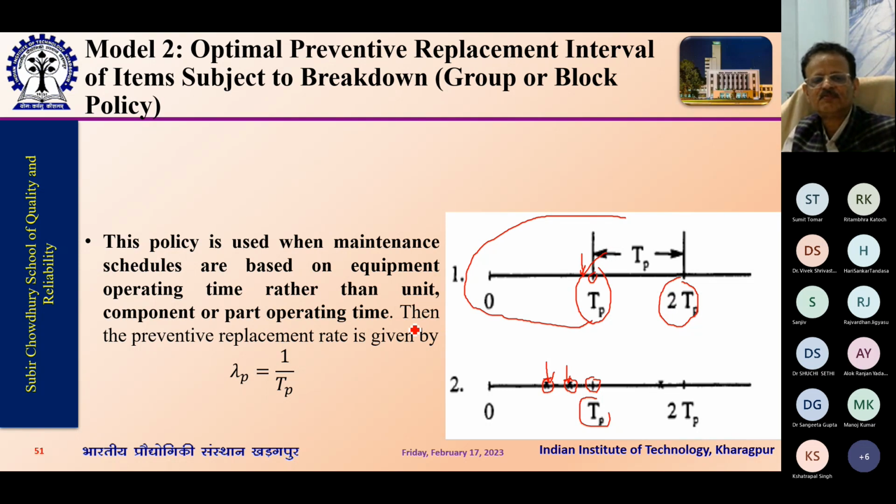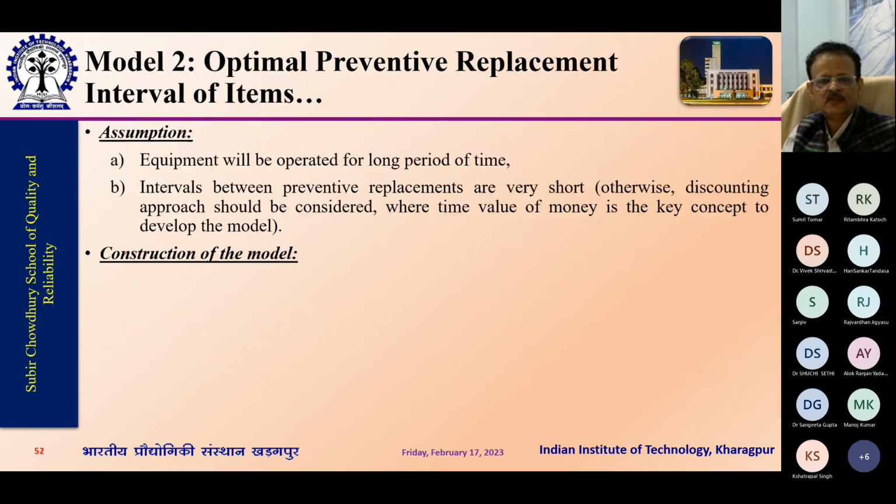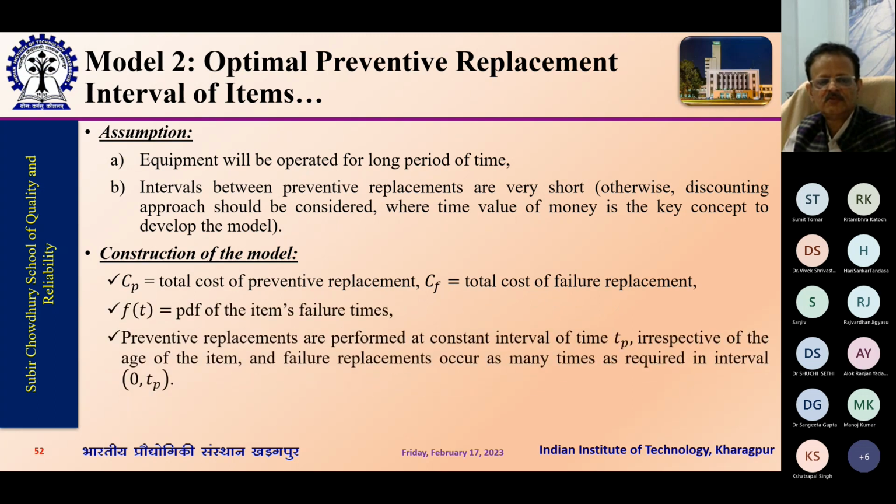So for the preventive replacement rate, one can easily compute it. Same assumptions: equipment will be operated for a long period of time, and intervals between preventive replacements are very short, right? Same costs.